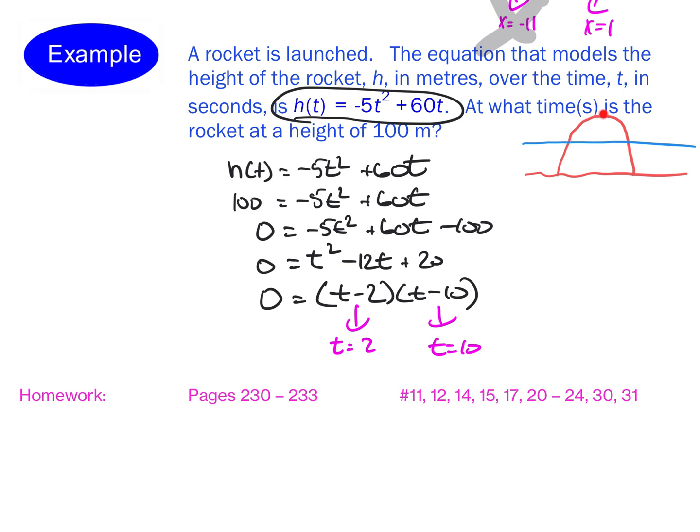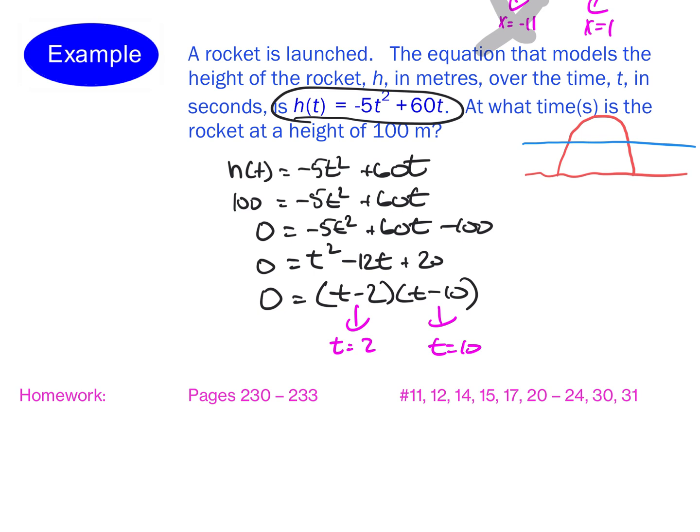It'll keep on going up until it reaches its maximum height. Maybe it burns all of its fuel. And it's going to start coming back down towards the ground. And it's going to hit that height again right here at 10 seconds. And it's going to continue going down until it hits the ground. So that's why it makes a lot of sense that we have two answers here.